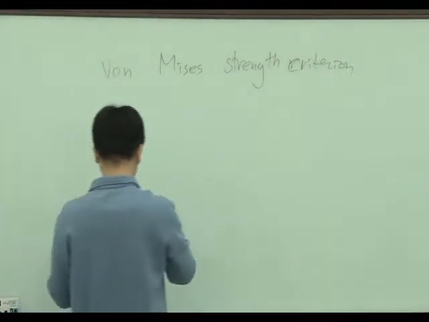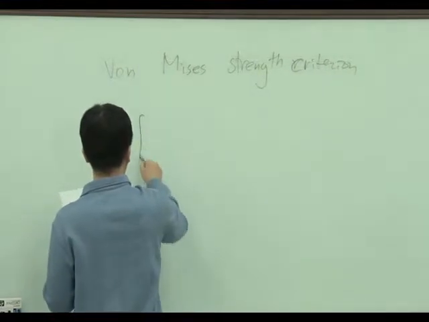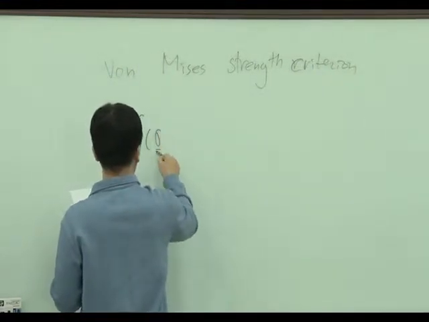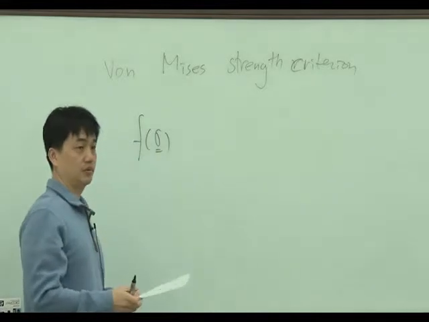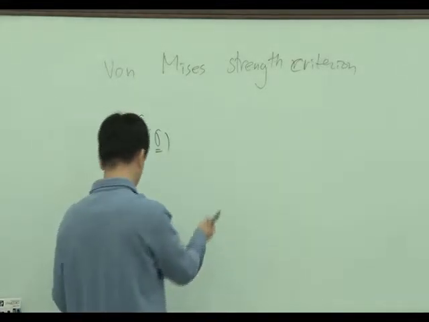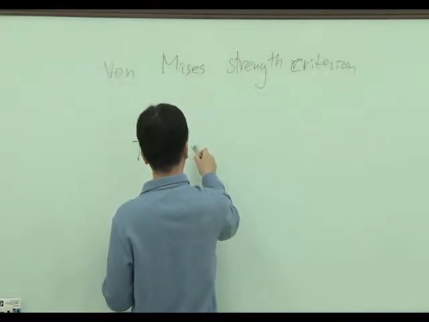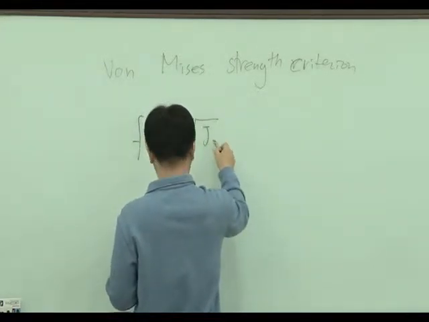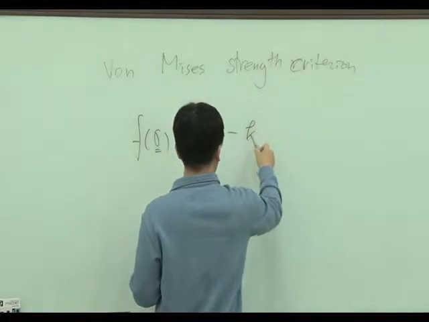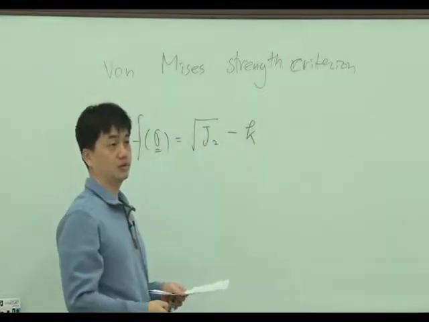So, the loading function of von Mises strength criteria is F, which is square root J2 minus K. K is a material constant.